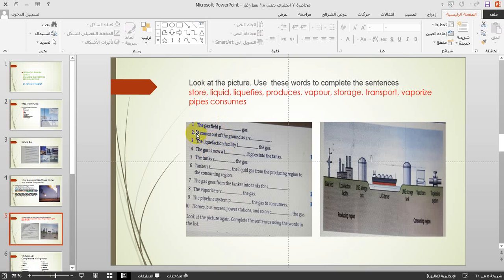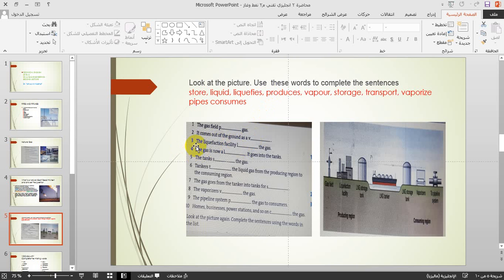So number one: the gas field produces gas. Then number two, it comes out of the ground as a vapor, gas.